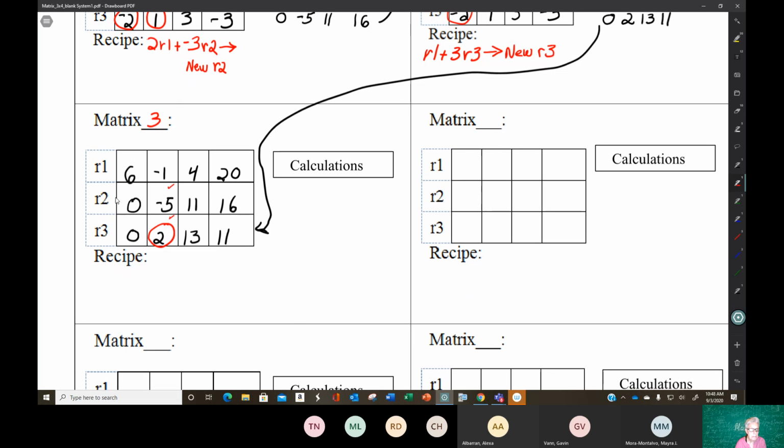So if I multiply all the numbers in row 2 by 2, that will give me 2 times -5, which is -10. And if I add that to 5 times all of the numbers in row 3, then I'll have 5 times 2 is +10, so that -10 plus +10 equals 0.